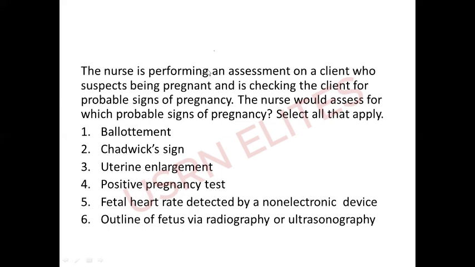Okay. Then number 4, positive pregnancy test. Okay. Is it presumptive or probable? We are all answering. Or I'm the one answering for you. Positive pregnancy test. That's a probable sign. Yes, it is. Okay. Then fetal heart rate is detected by, yeah, because you examine the woman. Outline of fetus via radiography or ultrasonography.